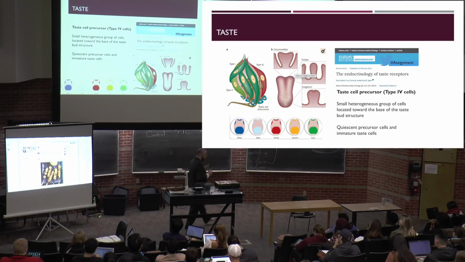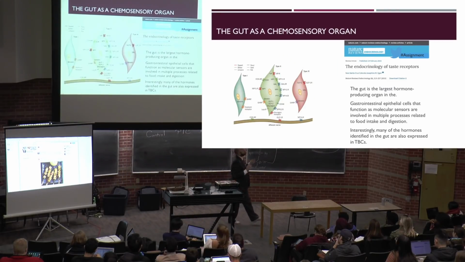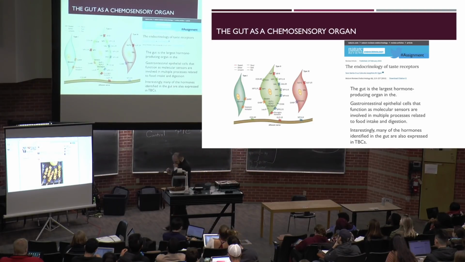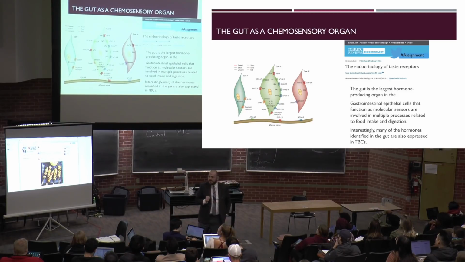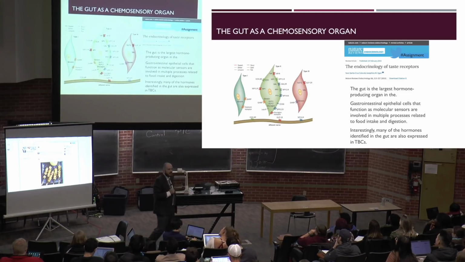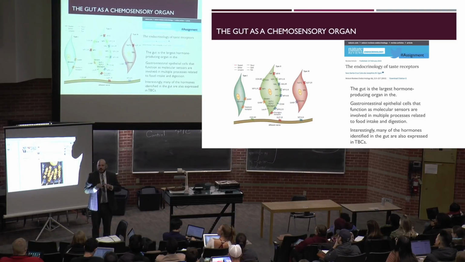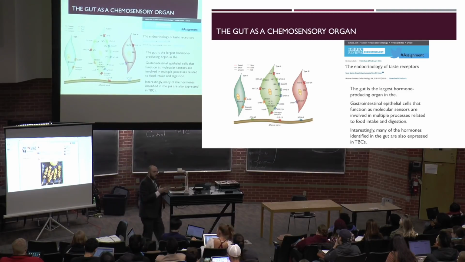Now, when I was putting this lecture together, my mind was boggled at this. When you look at type 2 taste receptors, what do you see on there that we've seen before? Leptin, neuropeptide Y, ghrelin, CCK, GLP-1. Where did we talk about these hormones?